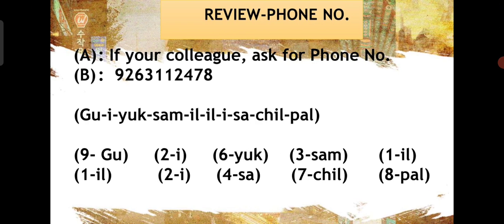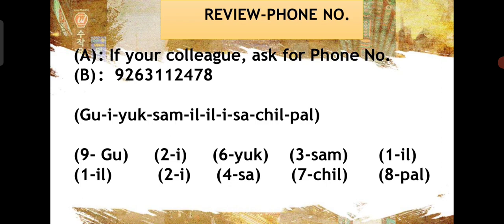So let's study in detail. 9 is gu in the Sino Korean counting system, you can see from your notes. 2 is i. 6 is yuk. 3 sam. 1 il. 1 il. 2 i. 4 sa. 7 chil. 8 pal. So what is your phone number? Gu i yuk sam il i sa chil pal.